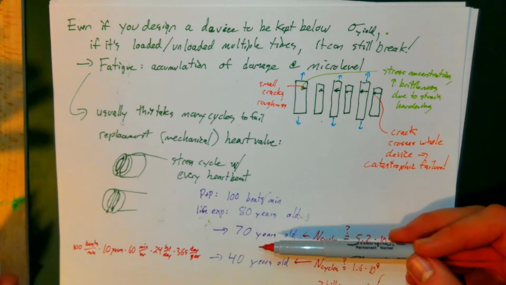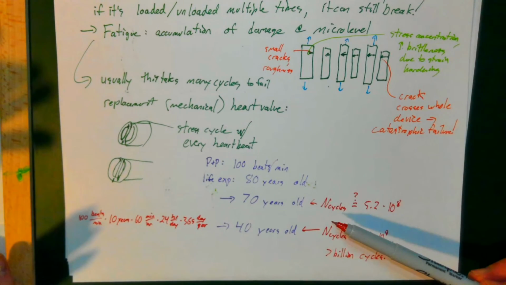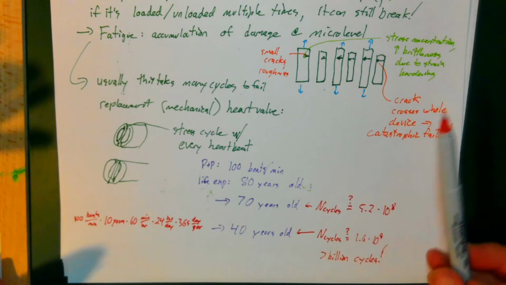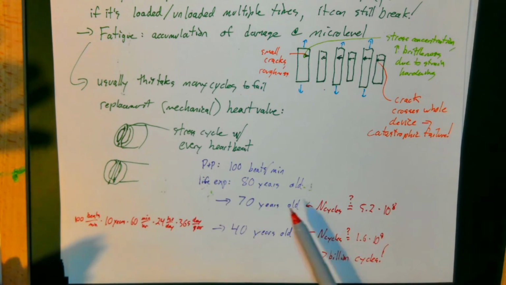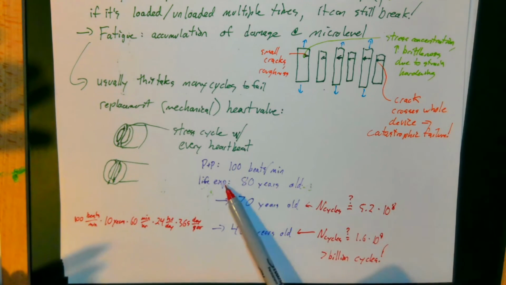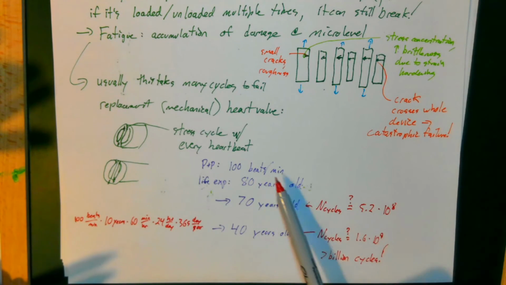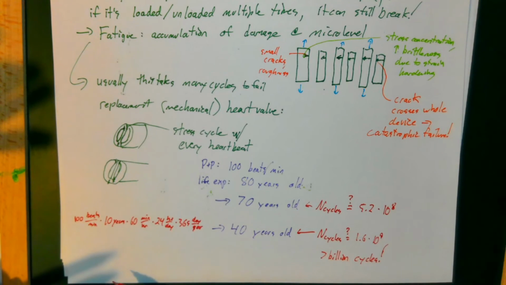And it turns out that this informs what type of valves they use for what type of patients. Typically, the mechanical valves are used for the older patients, where, a little bit morbidly, their life expectancy is less than the number of cycles that the mechanical valves are designed to withstand.